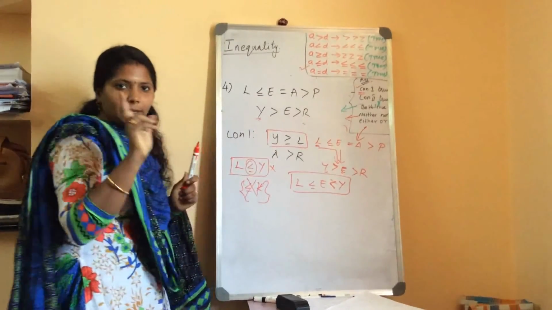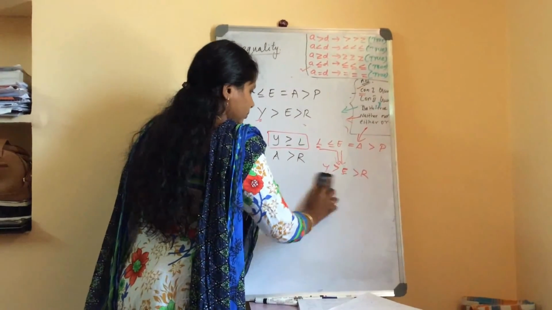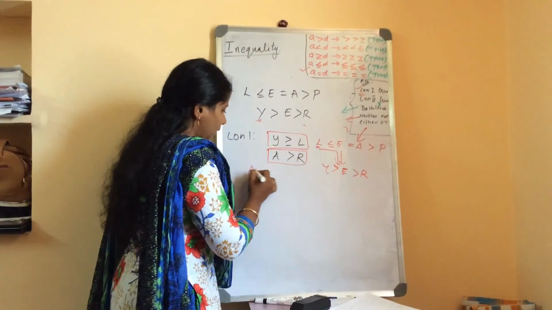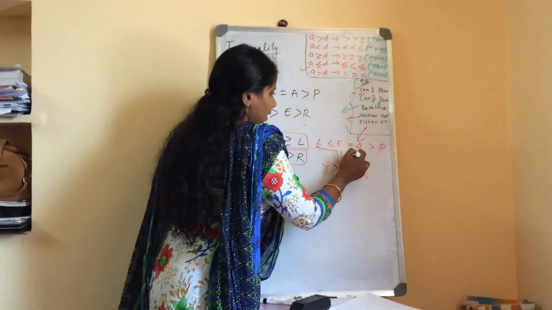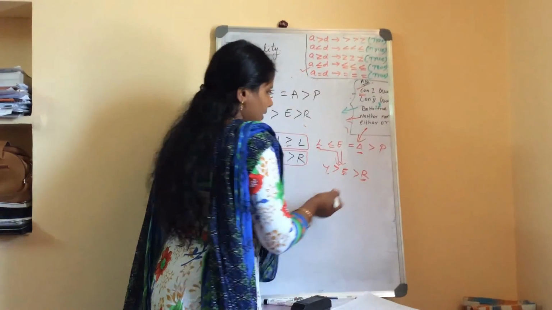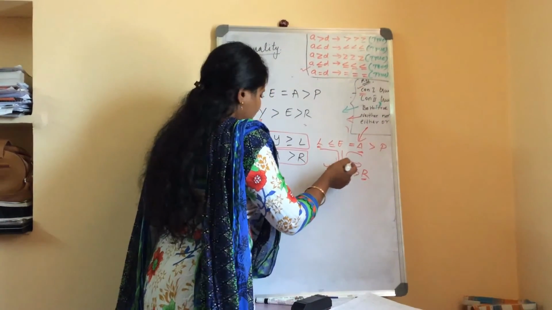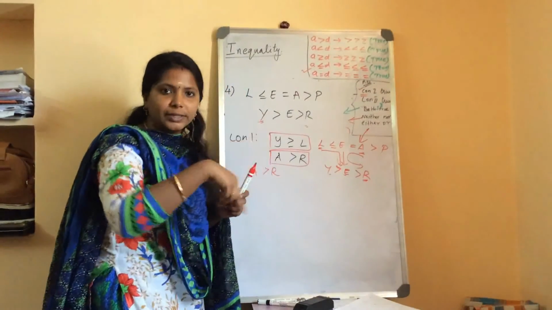Let's move on to conclusion 2. In conclusion 2, we have A greater than R. Where is A? A is here, R is here, the flow is interchanged. So we can write from here to here, forward direction.